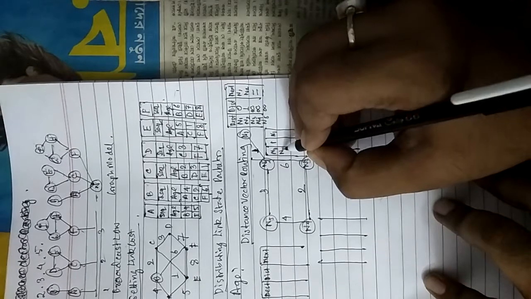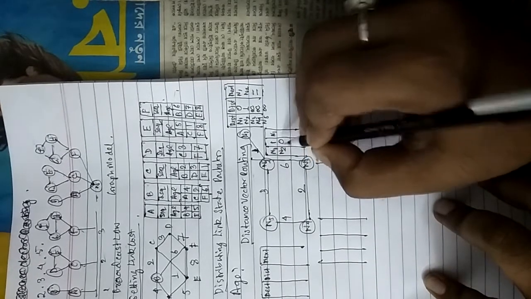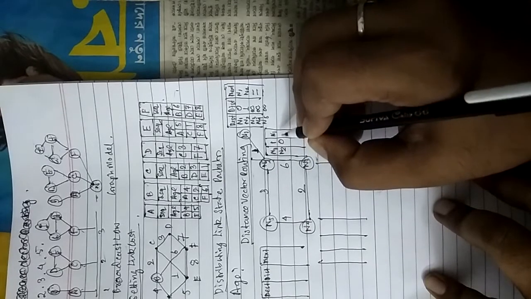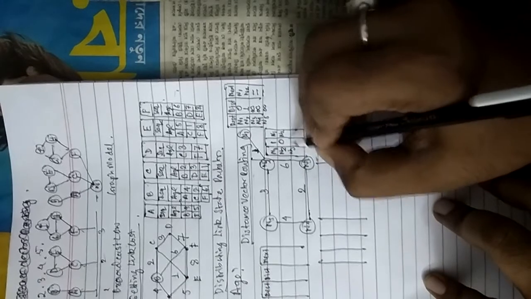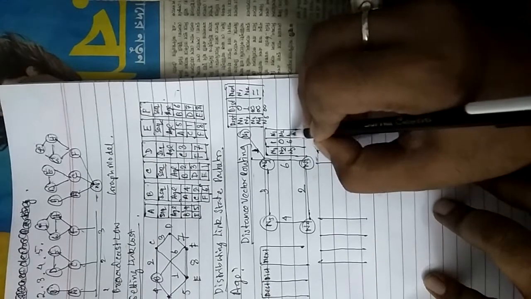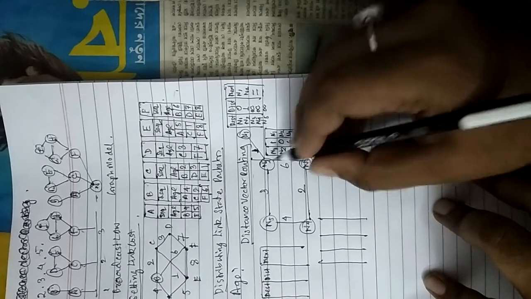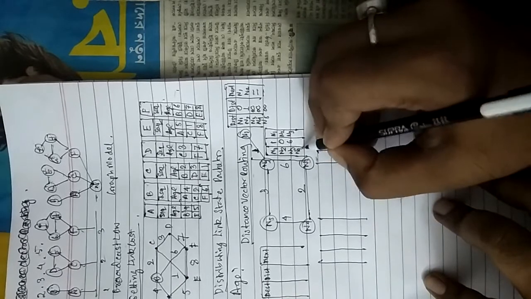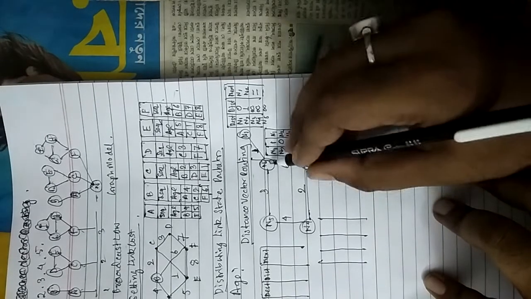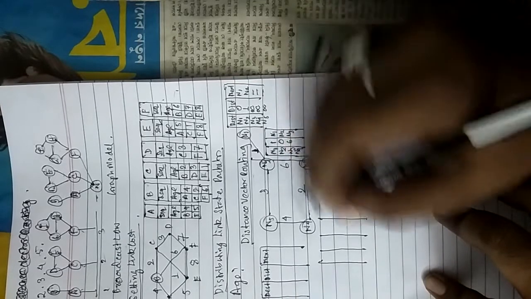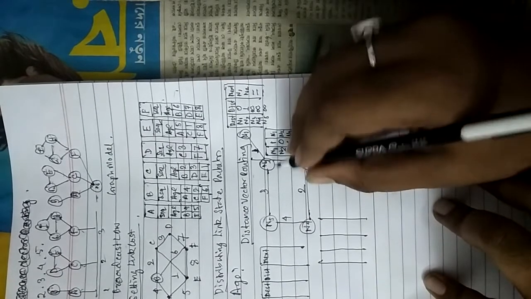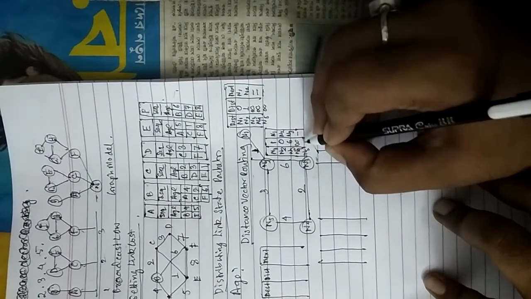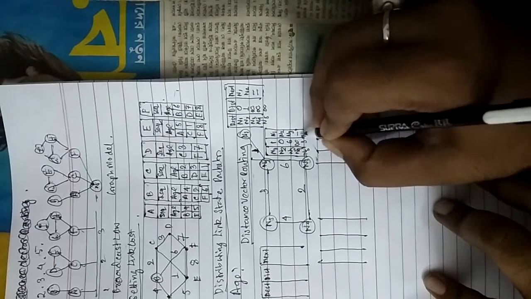From n2 to n2, the distance is 0, next hop is n2. From n2 to n3, the distance is 6, next hop n3. You want to go to n4, but currently there is no direct path and no information, so it is infinite. And to n5 it is 3, and the next hop is n5.